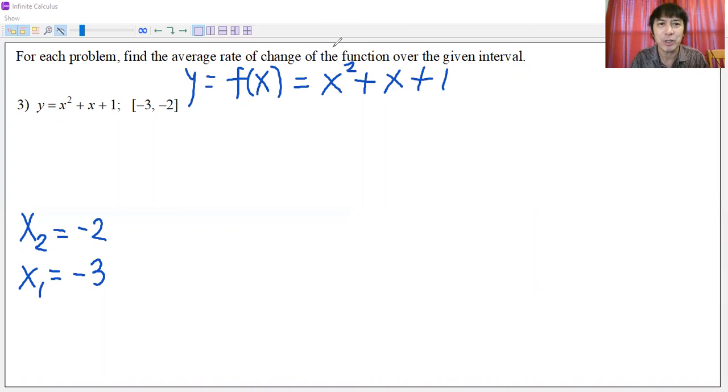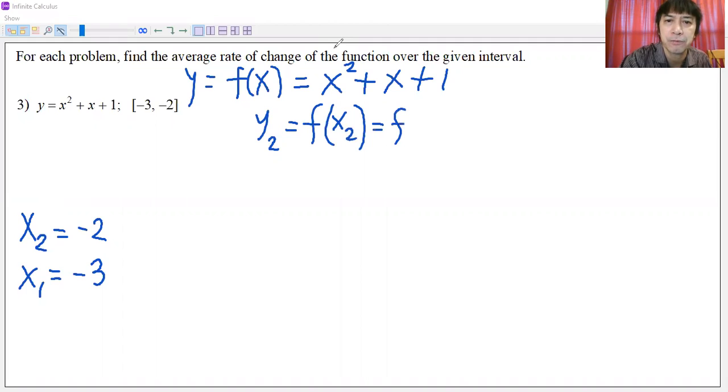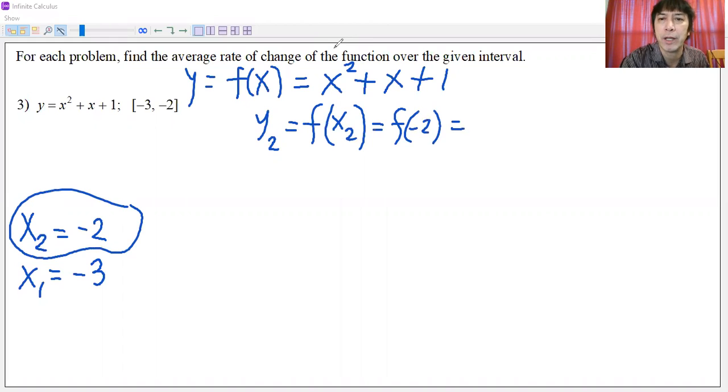Let's continue with the first computation. So this is y2, so let's start with y2. This is f of x2, and that will become f of the value here, which is -2. Now, all x you see in the equation will be replaced by -2. So x squared means -2 squared.